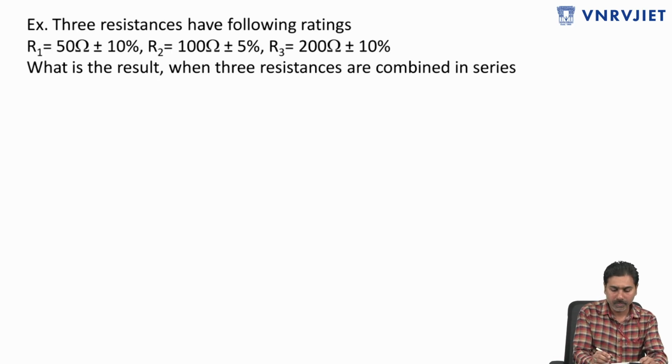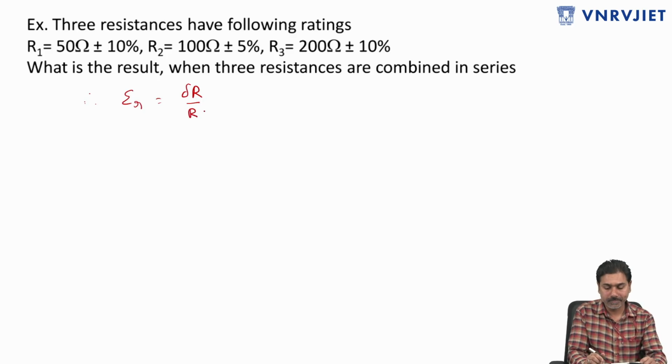Here the resistor values R1, R2, R3 are given, and these three resistors are connected in series. We want to calculate the relative limiting error of the final equivalent resistance, that is, delta R by R.